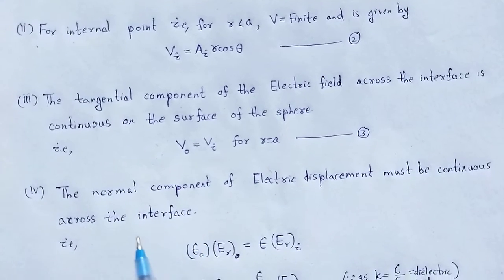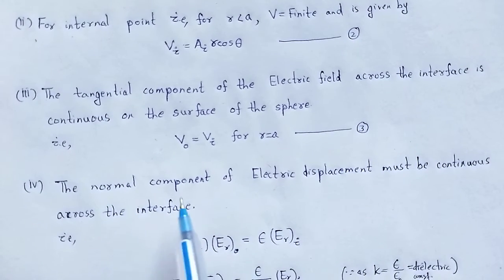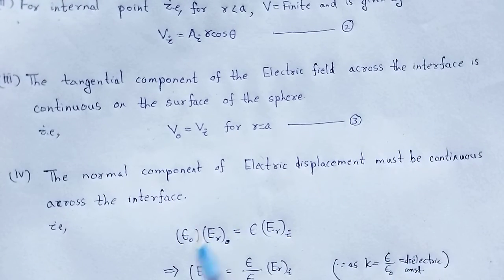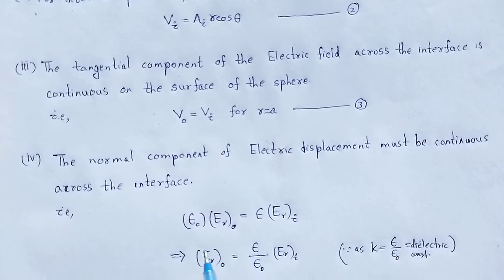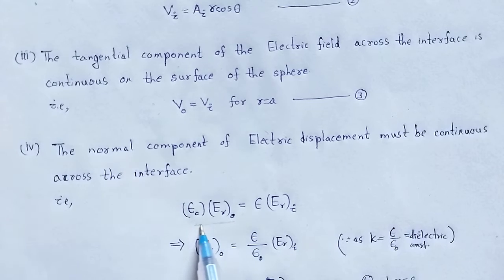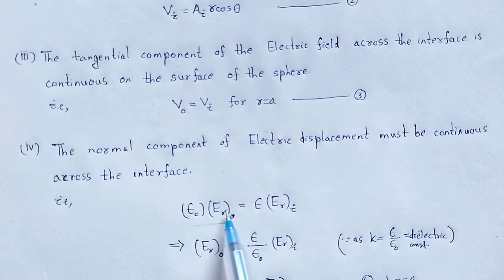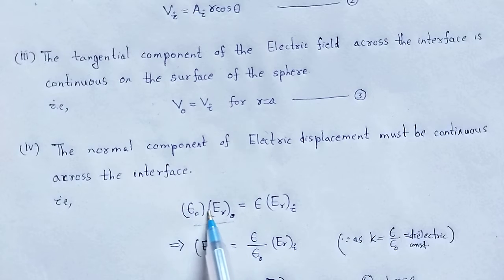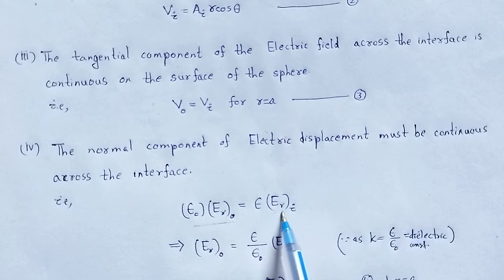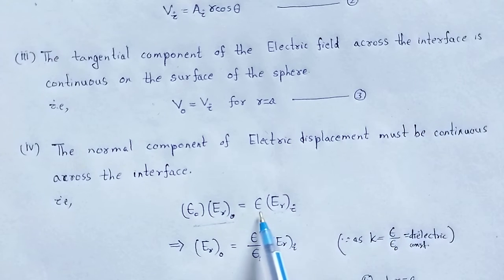Final boundary condition: the normal component of electric displacement must be continuous across the interface. That's why epsilon naught times E r outside, that is the radial component of electric field outside, multiplied with epsilon naught, the permittivity of free space, is the same as epsilon times the radial component of electric field inside, where epsilon is the permittivity of the medium.